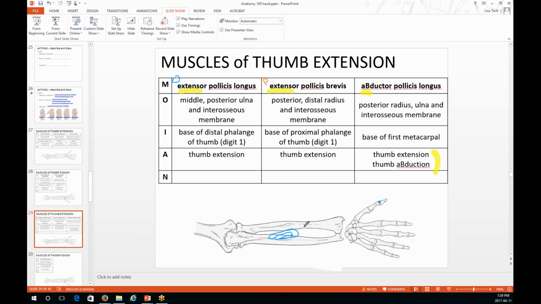So look at that. Which is closer to the thumb, the ulna or the radius? Yeah, the radius. So that's why it's brevis, right? It's closer. The ulna was farther, that's where longus was. So brevis starts on the radius on the interosseous membrane and goes to the base of the proximal phalange. So see how it's shorter?